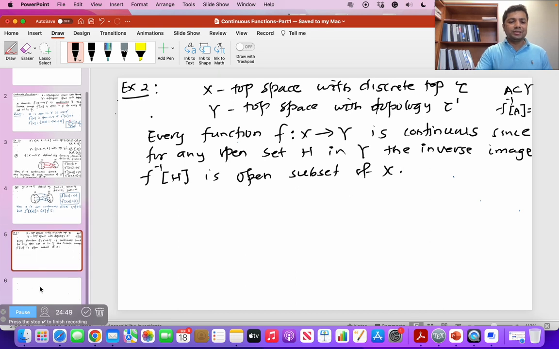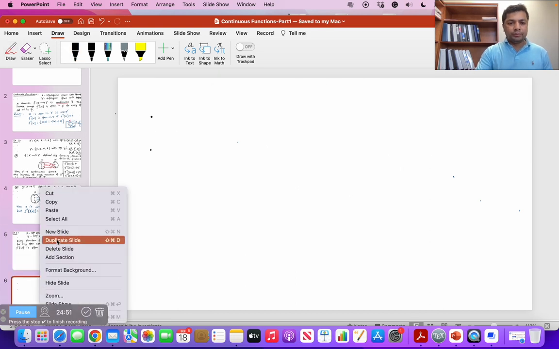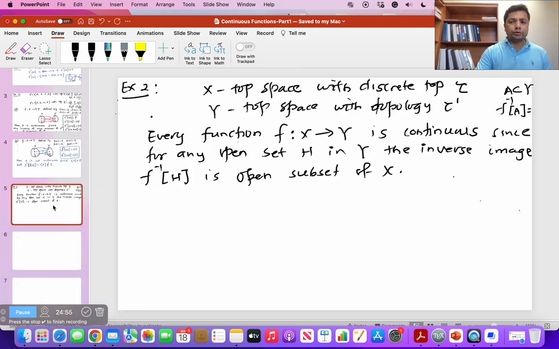Now instead of open sets, we can also study continuous functions using a basis for a topology in the given topological space.